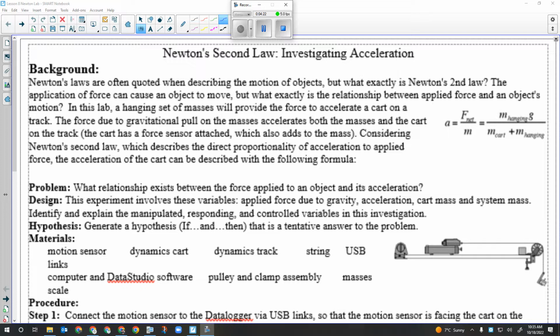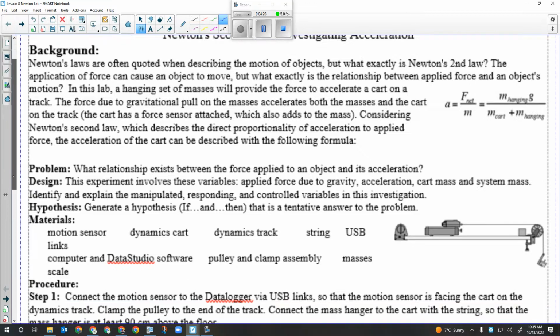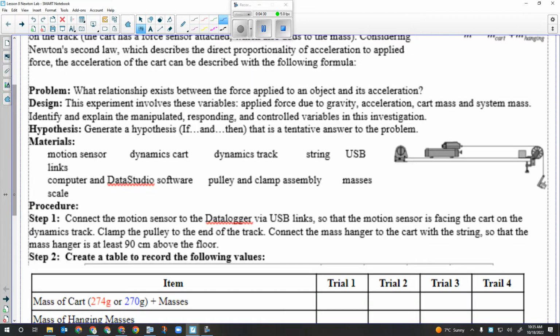Yeah. All right. So, if we're looking at the hypothesis, our hypothesis should go like this. The if part should talk about what Newton's second law says. In other words, what's the effect of a changing net force on the acceleration?